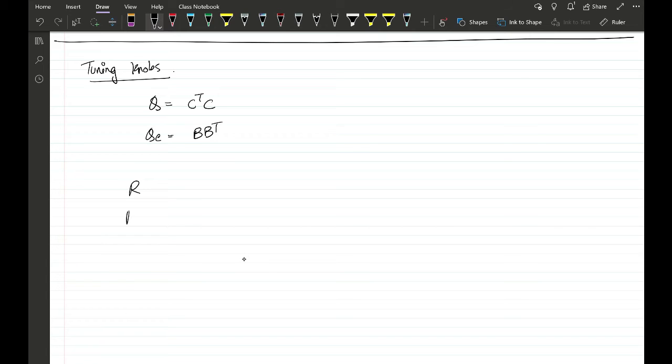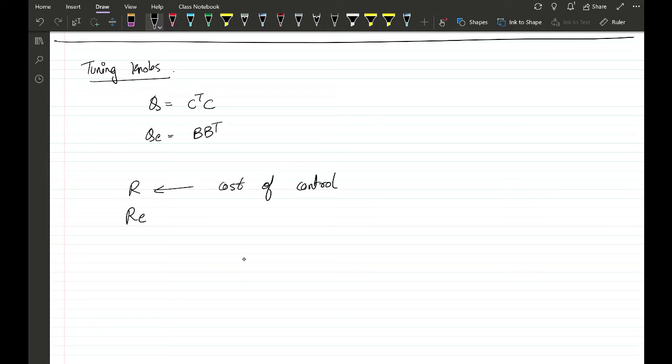One is R and one is RE. R governs the cost of control. So the higher the value of R, the costlier the control would be, and the optimal controller K would use less control effort.